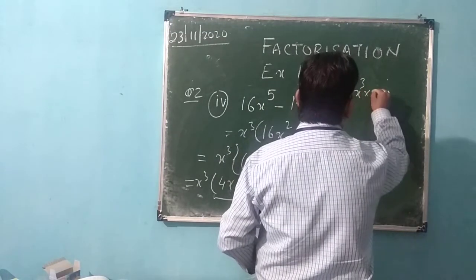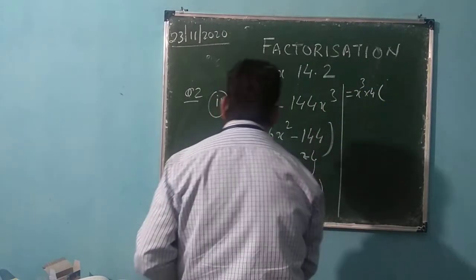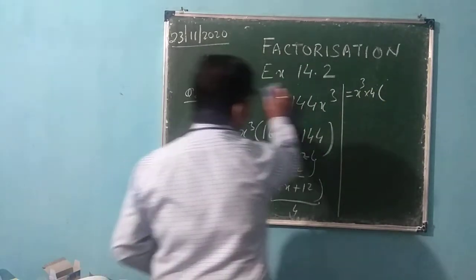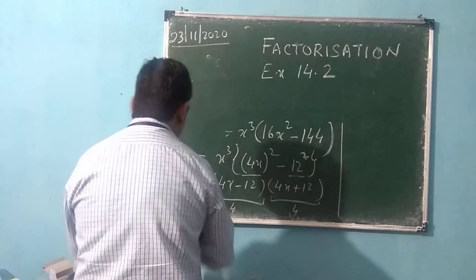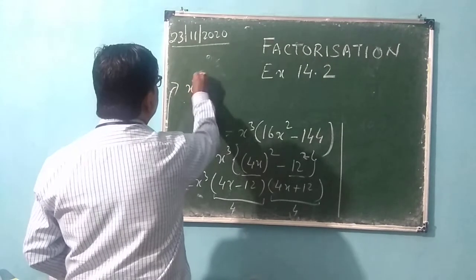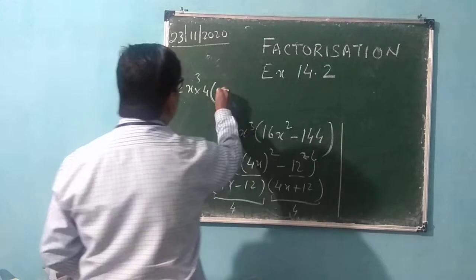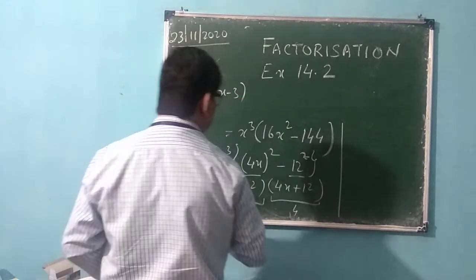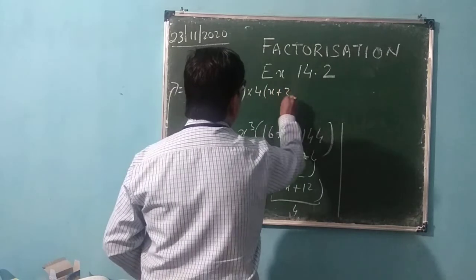Let me rub this here, otherwise there won't be space. x cube into 4 bracket x minus 3, again into 4 bracket x plus 3.